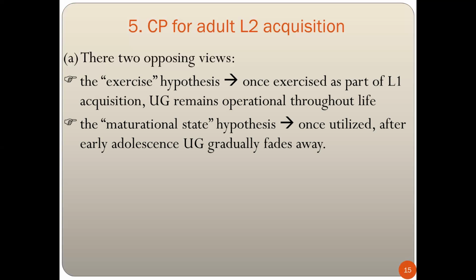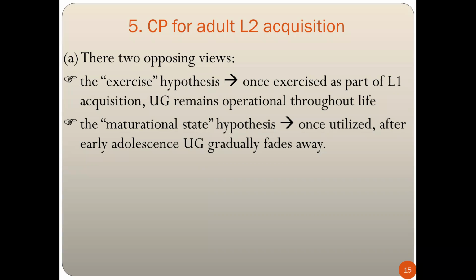And the exercise hypothesis states that once this language ability has been triggered and exercised as part of first language acquisition, then this language ability that we call universal grammar remains operational throughout life, and it is again responsible for what takes place in the acquisition of second languages.